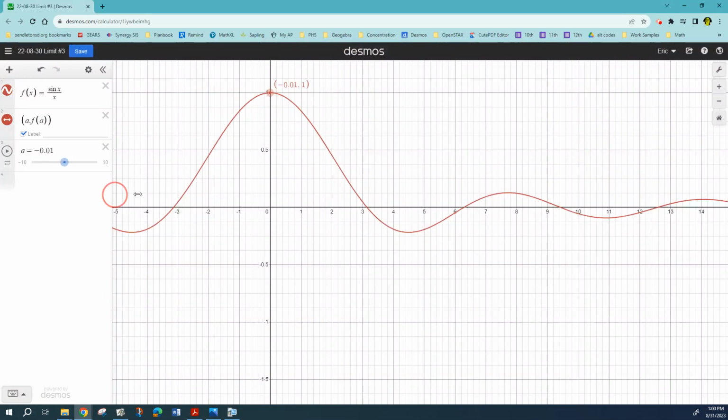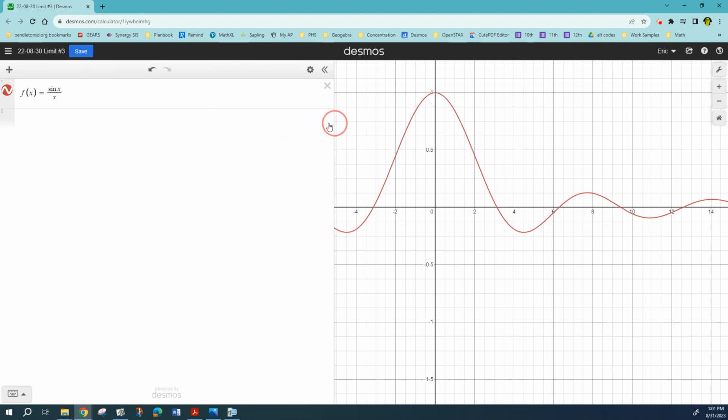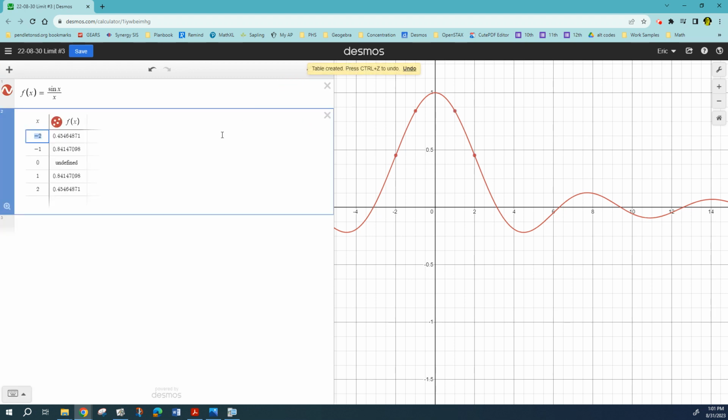If I go back to here, right, I defined this function. I don't need any of this stuff now. If I'm going to make a table, how did I do that yesterday? I define the function and what do I do? Okay, good. Yeah, I click the gear for settings, click the table icon, create a table, and we're good. And then we can just specify what we want that thing to do.